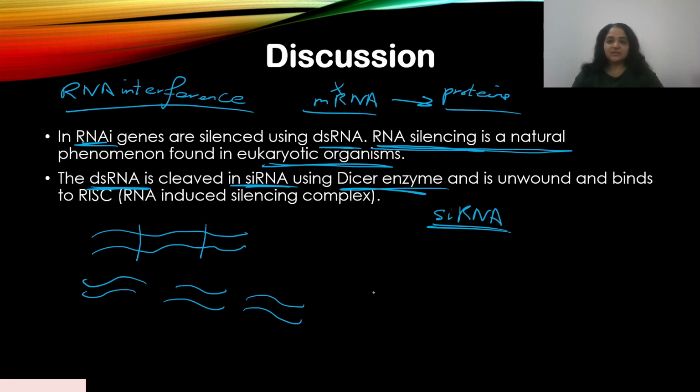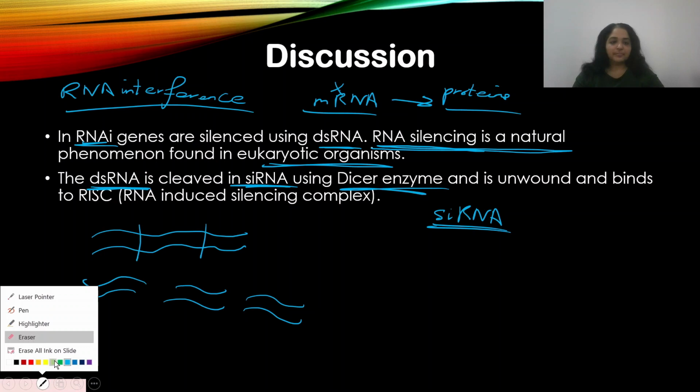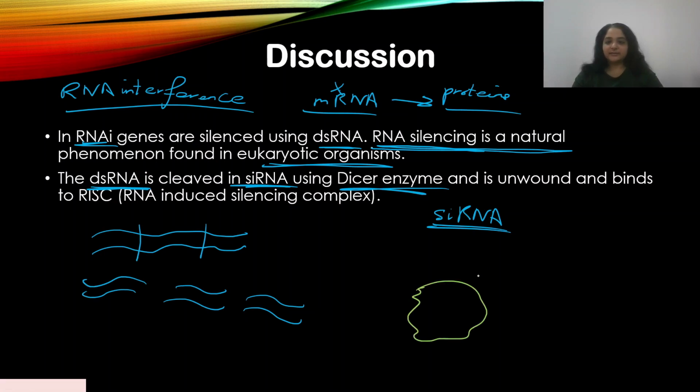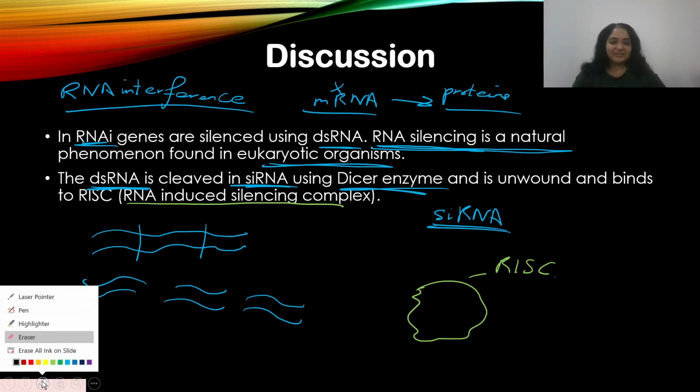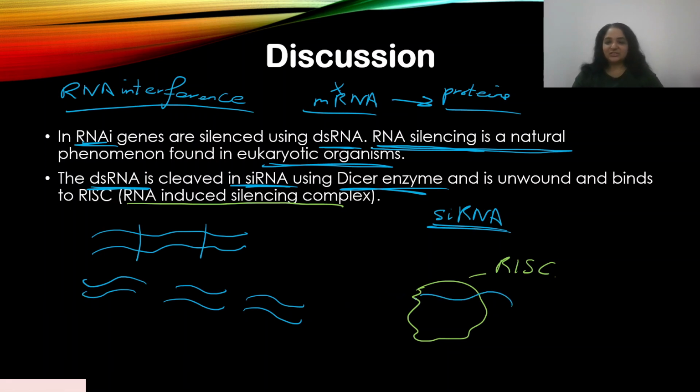Now this unwinds and attaches to RISC. Let's say this is RISC. RISC is RNA induced silencing complex, another enzyme. So the siRNA will attach over here and bring it to the mRNA.